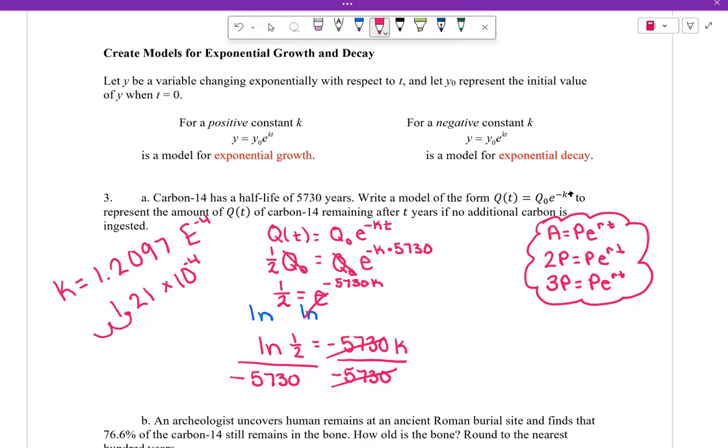So 1, 2, 3, 4. So that's 1, 2, 3 zeros. So k is equal to 0.000121. So our formula would be negative 0.000121 t.